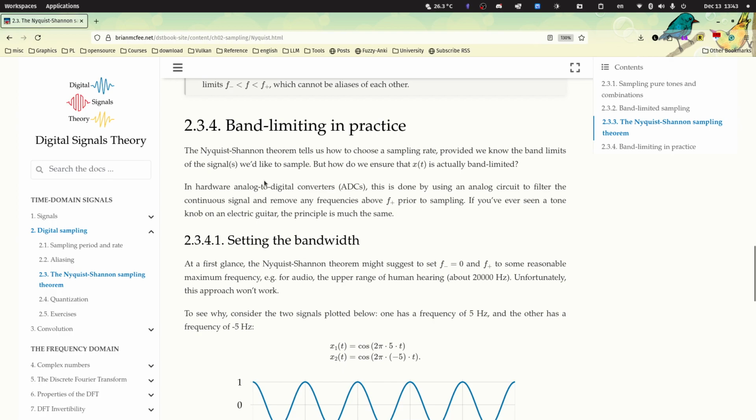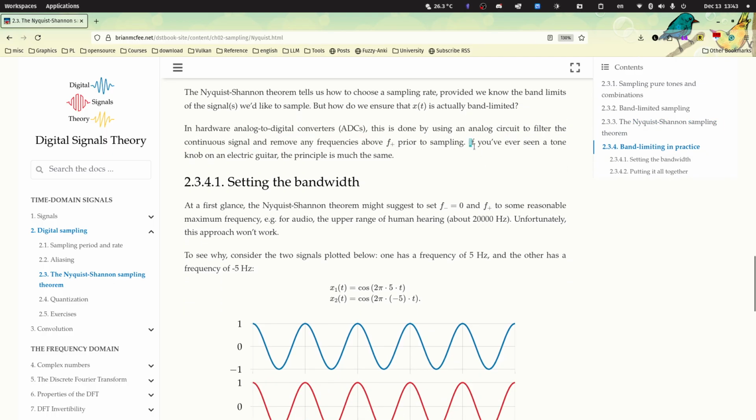In hardware analog to digital converters, this is done by using an analog circuit to filter the continuous signal and remove any frequency above f plus prior to sampling. If you ever see a tone knob on an electric guitar, the principle is much the same. But unfortunately, I don't understand guitar.